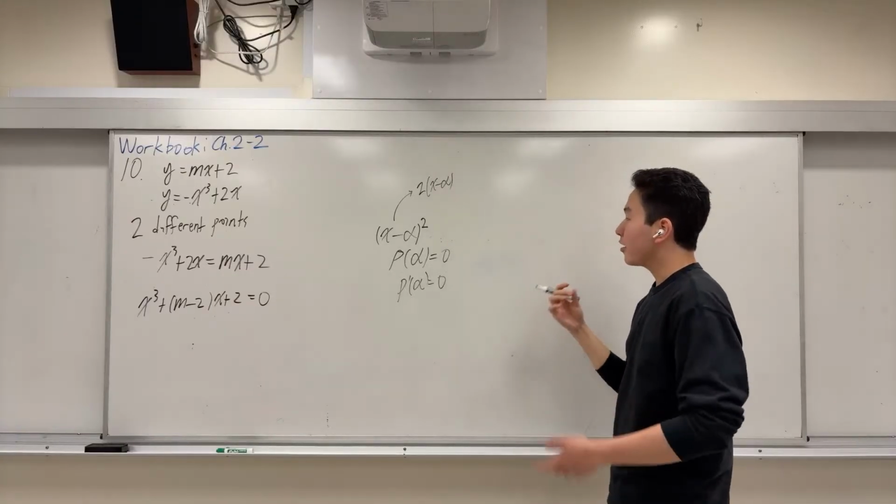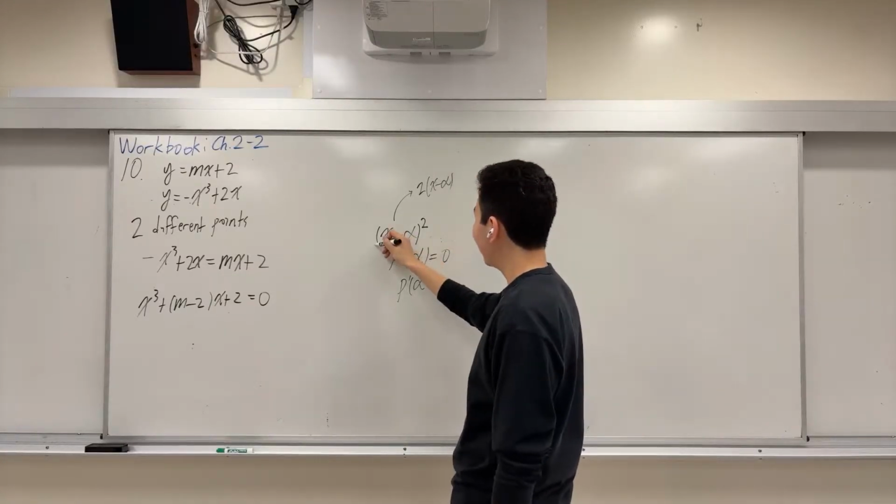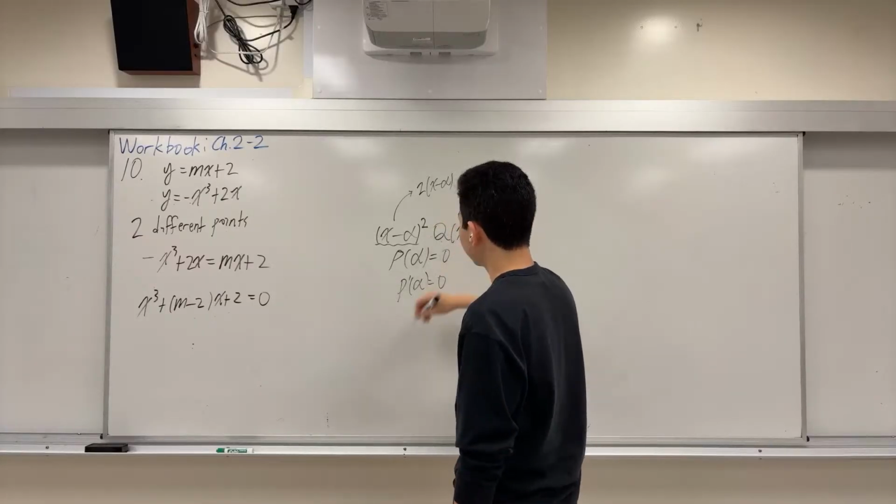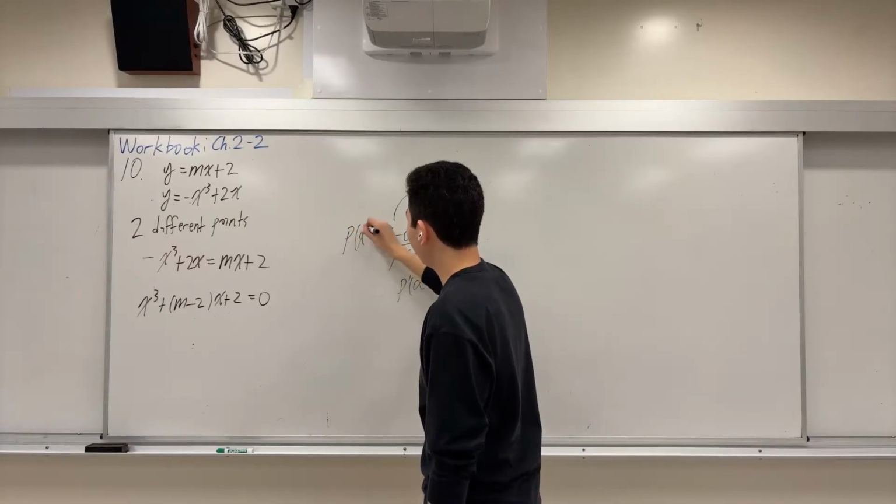So remembering that if something has a squared term in its quotient, and there's no remainder, here, I'll write it out in full for you.